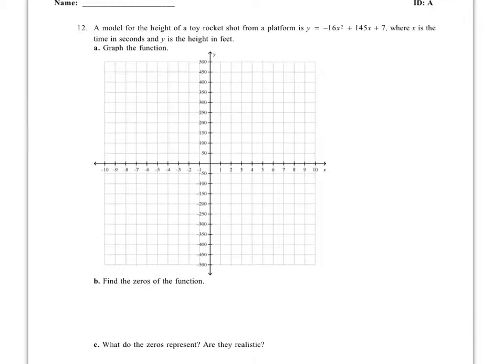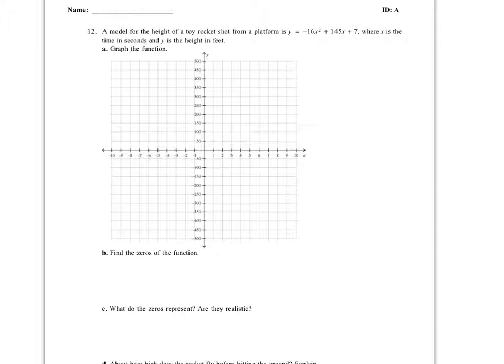For number 12, we're looking at some kind of another quadratic problem. We've got to do some graphing and some finding zeros. I feel like that is a little bit out of order there. I'm not sure that this is definitely not factorable. So I don't know, maybe let's find the vertex first.